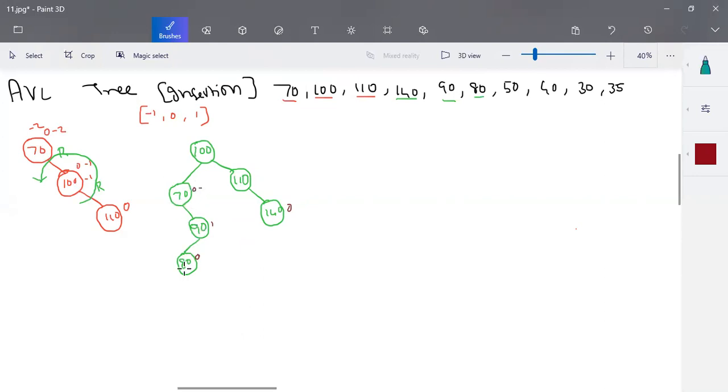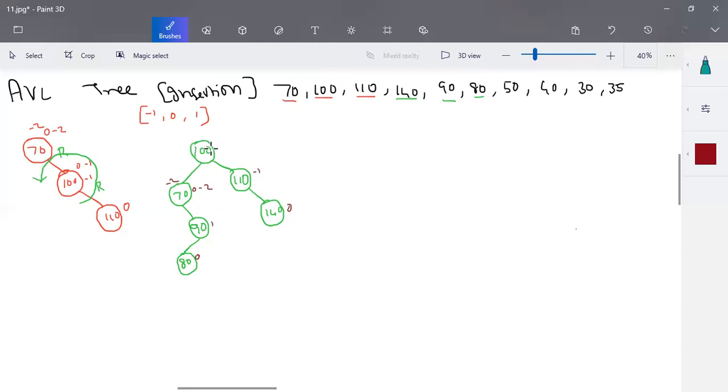Take the longest branch that reaches the leaf node, and the number of edges is 1 and 2, so it is 2. So the balance factor is 0 minus 2, it is minus 2. For 70, it is minus 2. And for 110, what happened? There is no left subtree and only one right subtree, so the balance factor is 0 minus 1.